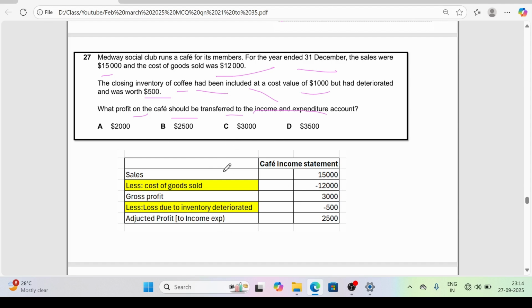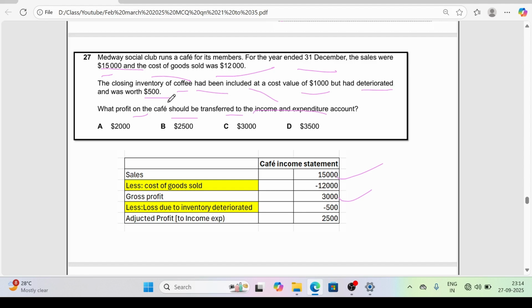I have already made the workings for you. First one is sales. What is the sales here? 15,000. Record 15,000 first. Then less cost of goods sold, 12,000. If you minus, the gross profit will be 3,000. Then we can check the adjustment. Closing inventory of coffee had been included at cost value 1,000 but deteriorated and was worth 500.